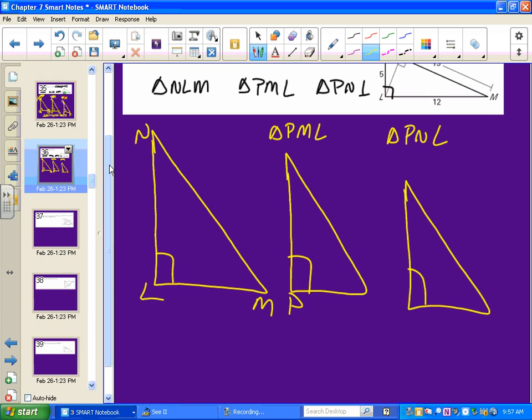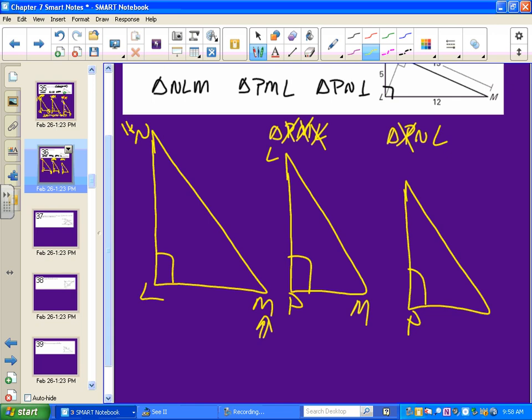Now, we place the right angle. Now we look back at the original triangle, and M is at the bottom here. So M goes at the bottom right in this triangle, and L goes up at top. Moving over to the next triangle, P is the right angle. Go back to the original triangle now to figure out where N and L get placed.